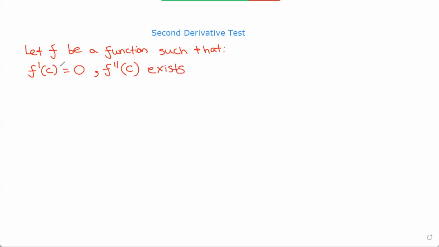So if f prime of c is 0 and f double prime of c exists, there are three cases.